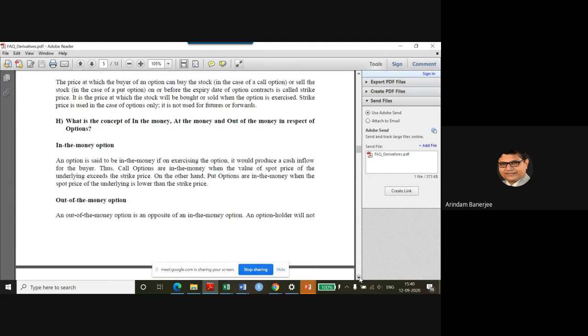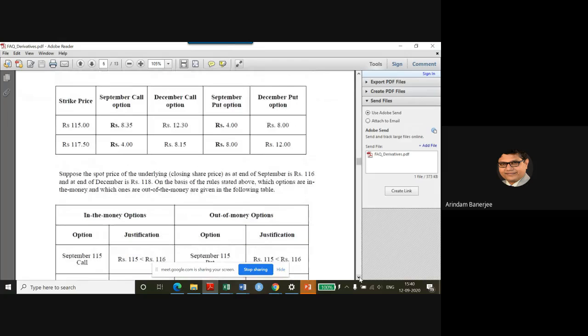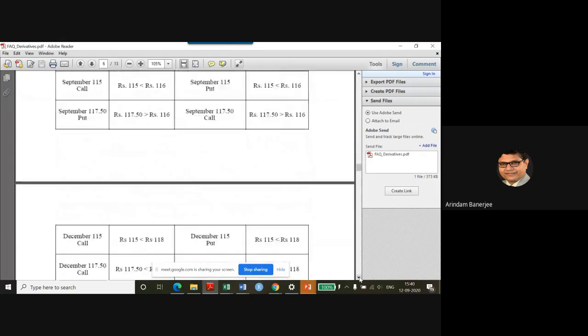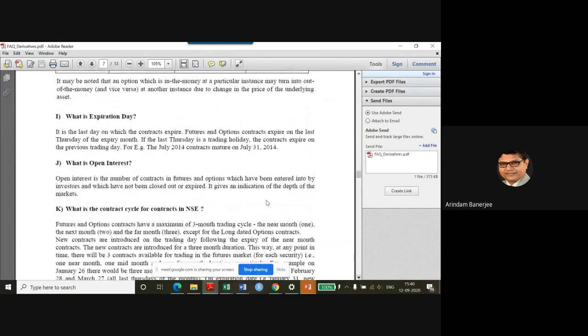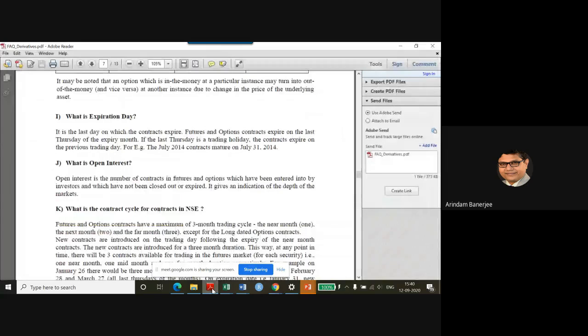In the money, out of the money, at the money we discussed. Some illustration is also given here. Expiration day we discussed, like for example in this example, the 17th September is the expiration date. This we discussed. And open interest.